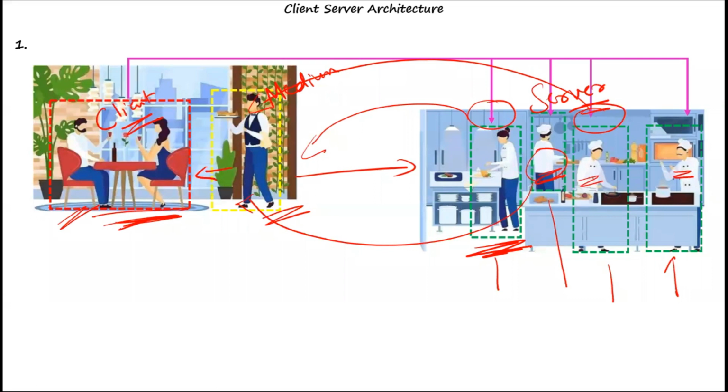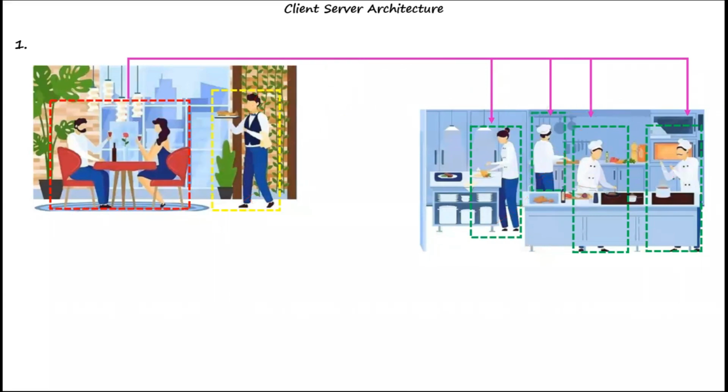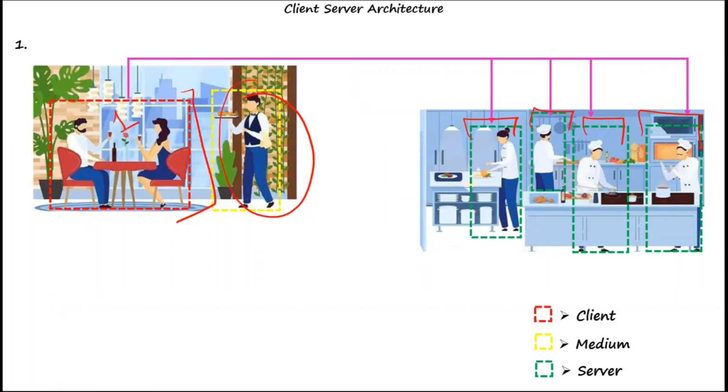So what happens over here? The main point that we need to understand is that this is one client, and it is getting in touch with multiple servers through network media, through internet. The major point that we need to remember is that this is your client, medium, server.